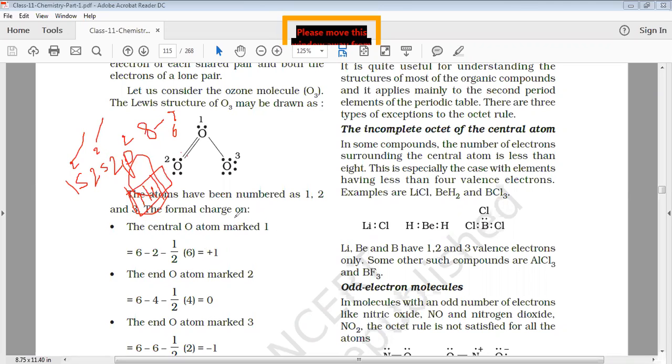Tell me. Now the first oxygen is understood, right? So same like that you need to write. So the number of lone pairs of electrons, it seems to be 2 plus 2, how many?